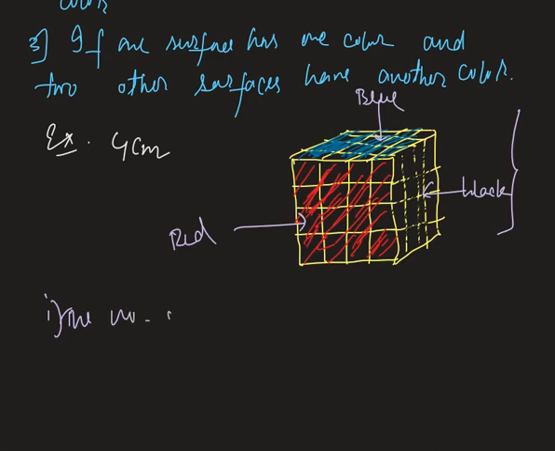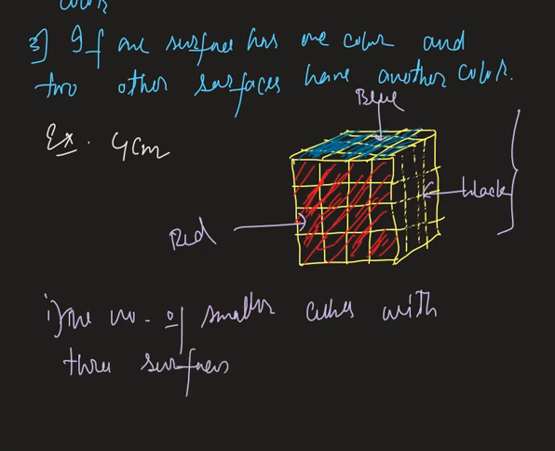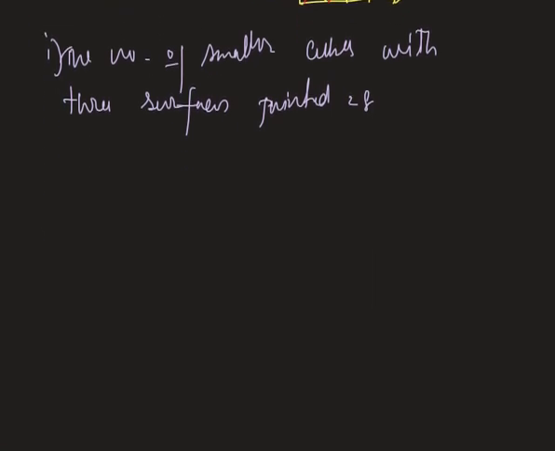The number of smaller cubes with three surfaces painted is equal to 8. These smaller cubes will have all three surfaces painted with different colors: blue, black and red.